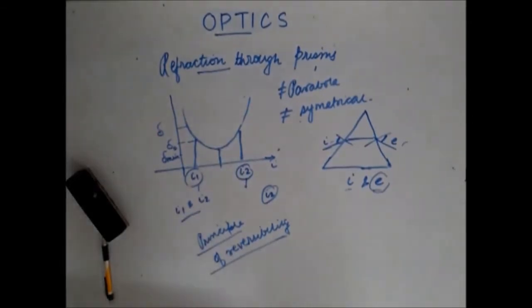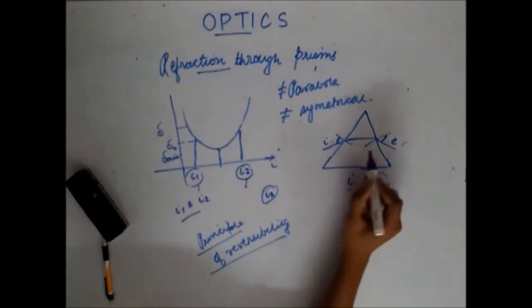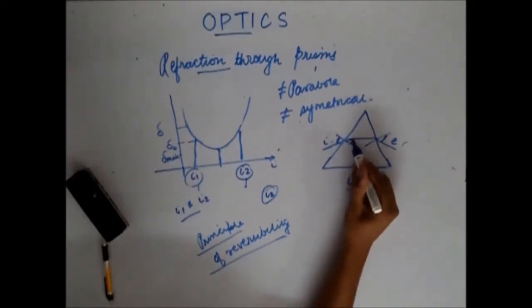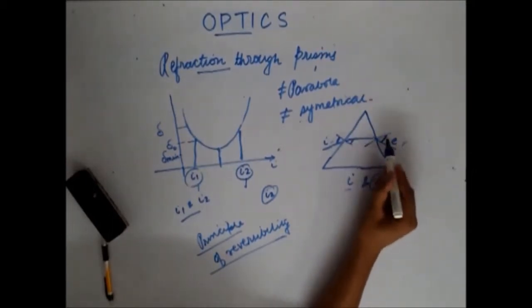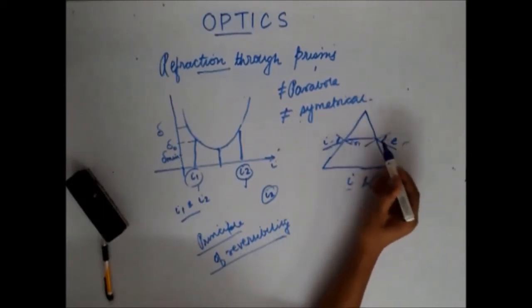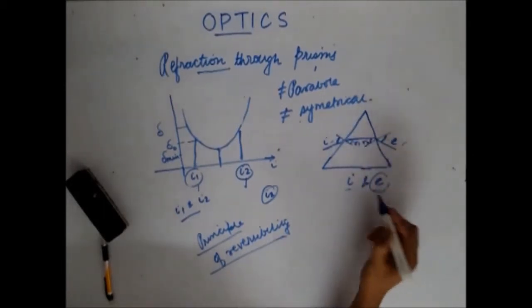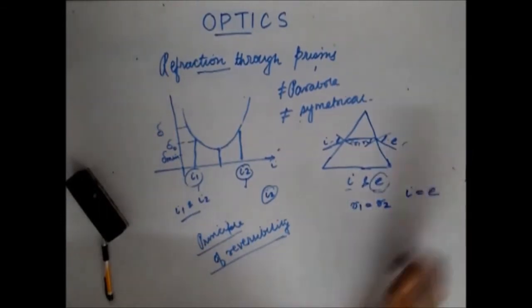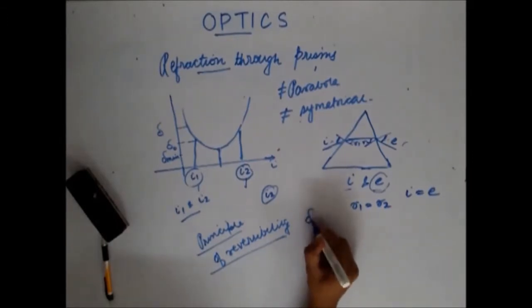Now when it's symmetrical, everything goes about symmetry. Since the angles of incidence are the same, the angles R1 and R2 are also the same. That means R1 is equal to R2, and I is equal to E. So what is my delta minimum?